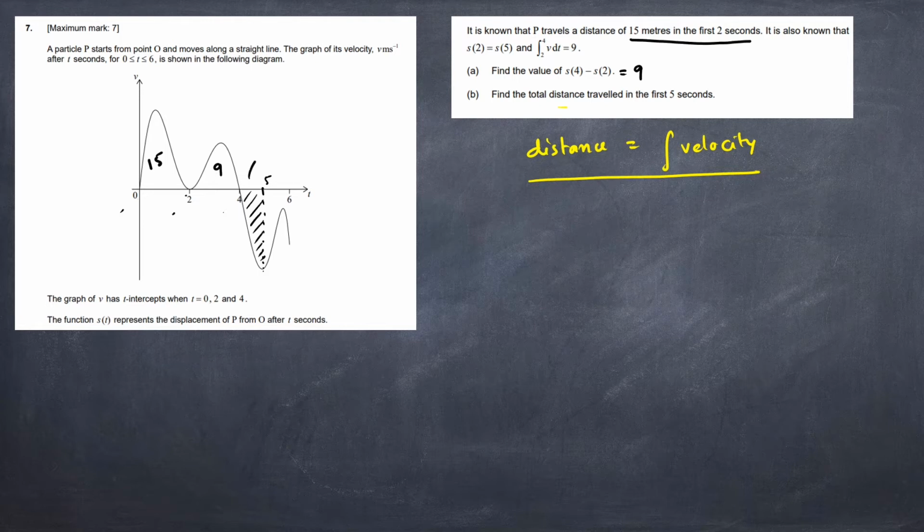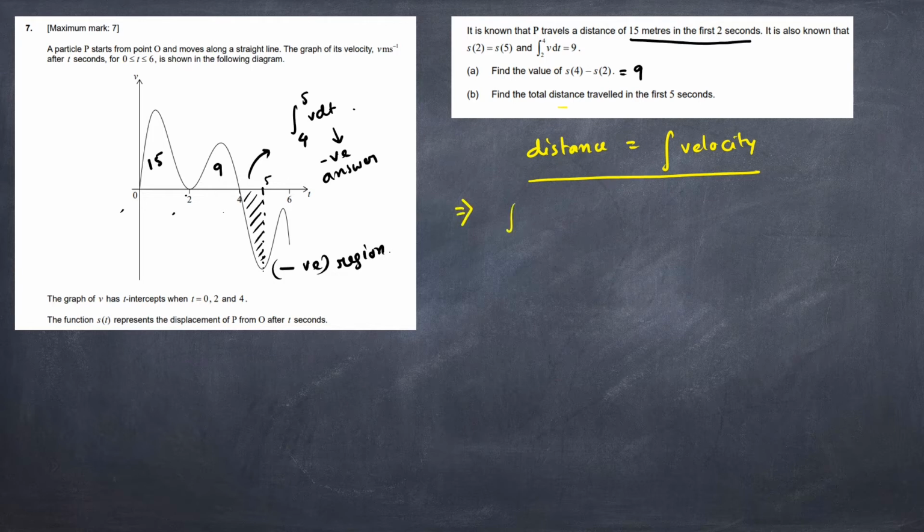Now you can see, if we try to find the displacement from 4 to 5, that is the integral from 4 to 5 of v dt, it will give us a negative answer, as this is the negative region. So to make this answer positive, we just need to change the integral.